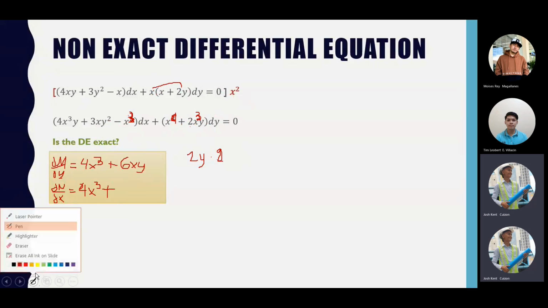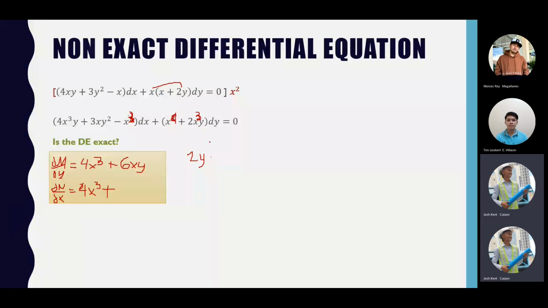wait lang, eraser. Times, the derivative of 3x is, x cubed is 3, wait, minus, diba?